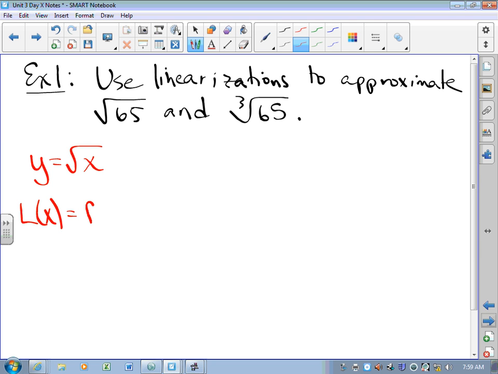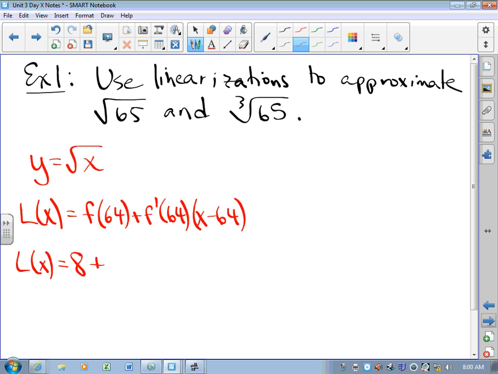And the linearization will be f of 64, because I know what the square root function is at 64, plus f prime of 64 times x minus 64, and I'm going to let that line do a good enough job that we feel, okay, we're in about the right spot. Plus or minus very small decimal places, we're going to be in the right ballpark. So L of x is going to be f of 64 plus f prime of 64 times x minus 64.